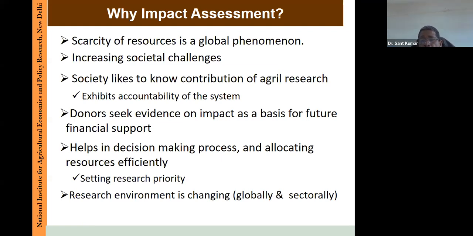It helps in the decision making process and in allocating the resources efficiently. In other words, it helps in setting the research priority, and the research environment is changing at the global level and the sectoral level. So all these reasons make the case for impact assessment.